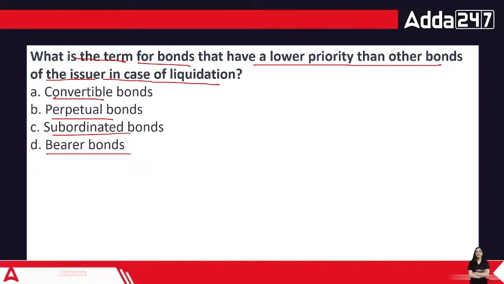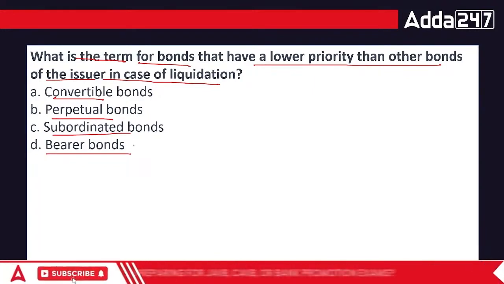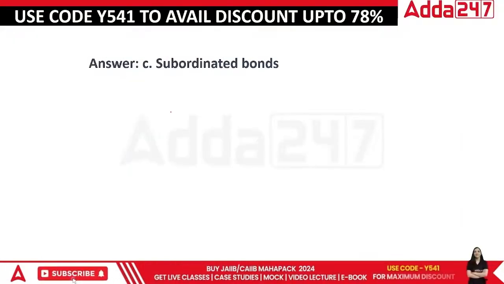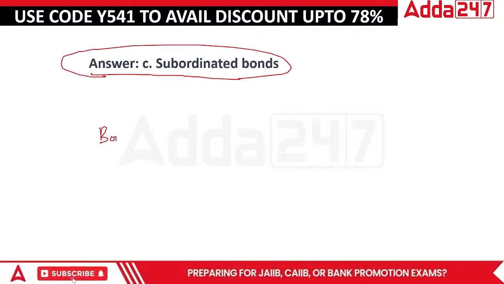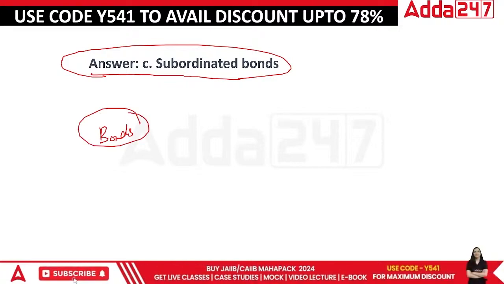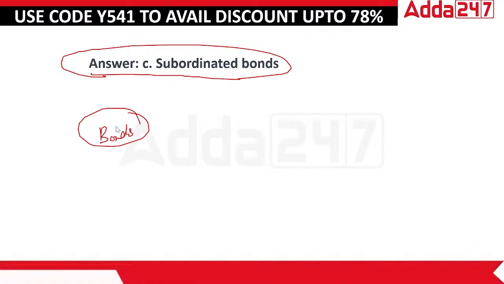In case of liquidation, those are subordinated bonds, given a priority but after other bonds. It's a bond which would be paid off, but the others would be paid first and then the payment would be made to this one.